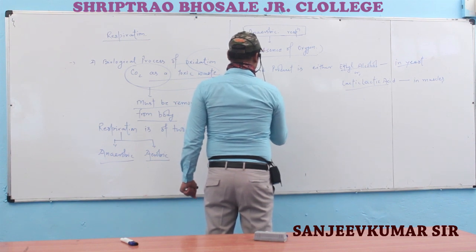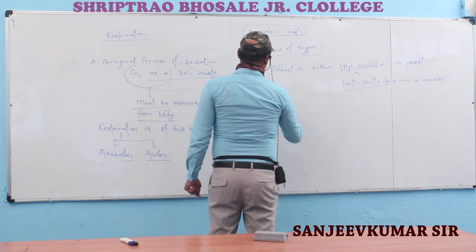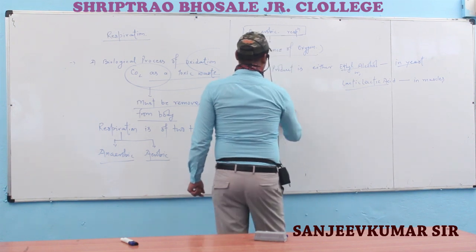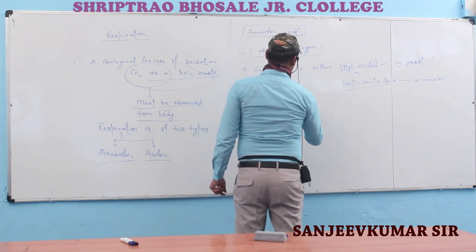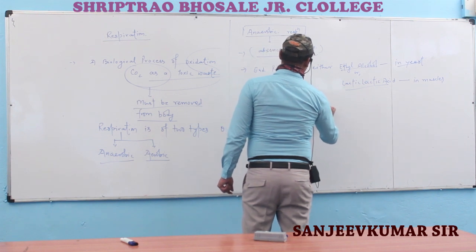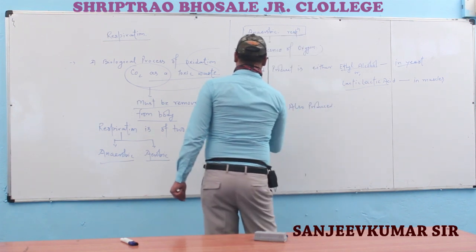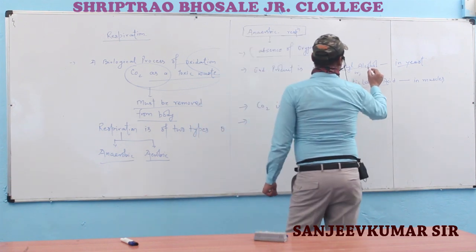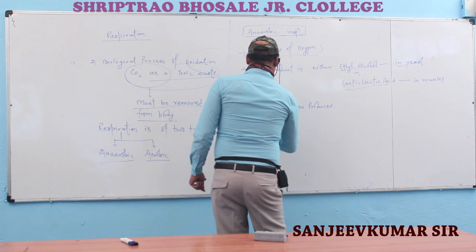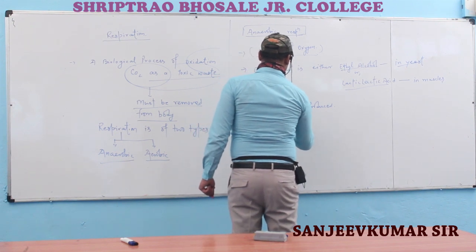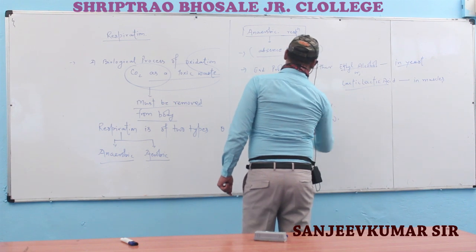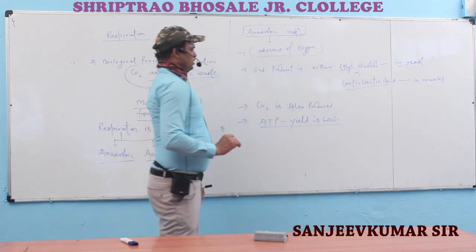CO2 is also produced, along with ethyl alcohol. ATP yield is low.